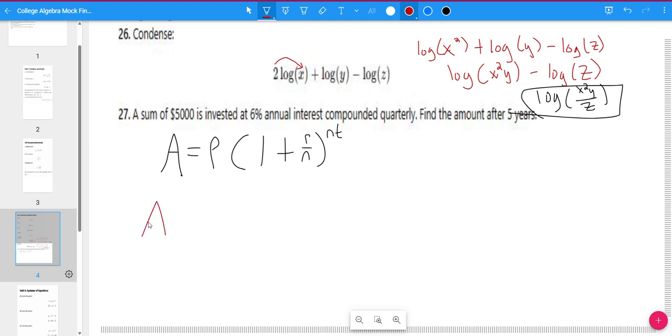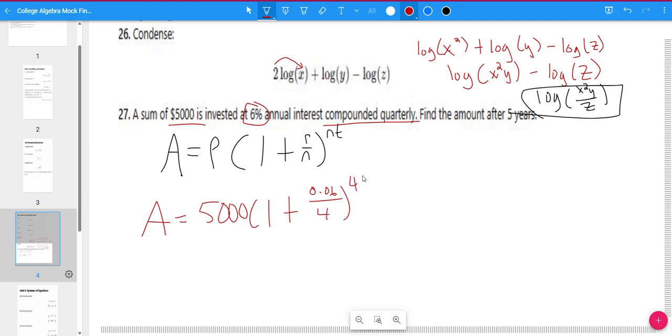So if I plug in here, I'm investing 5,000, and I've got 1 plus my rate as a decimal, 0.06, and it compounds quarterly. How many times is that going to happen in a year? n is how many times it compounds in a year. There are 4 quarters in a year, so 4 is n.